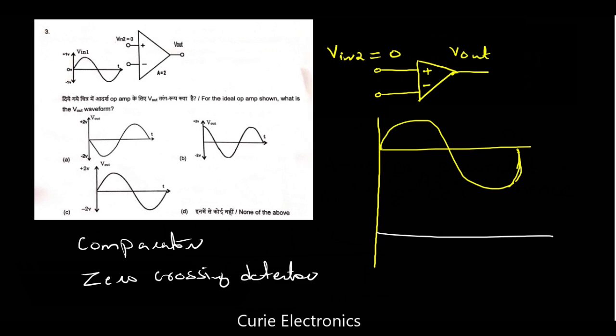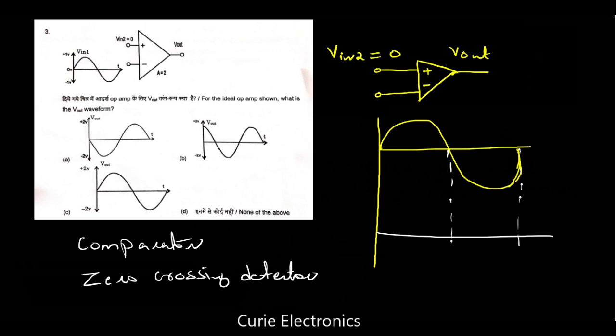Here what happens? Now we are considering an ideal op amp. During the first positive half cycle, what is happening? Our inverting terminal is higher than the non-inverting terminal.